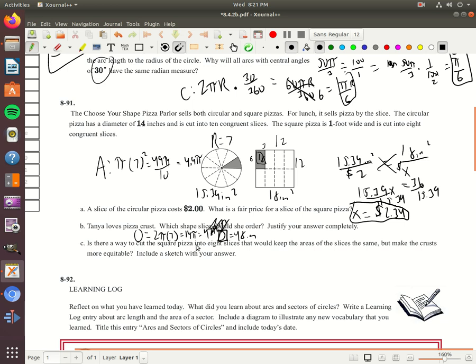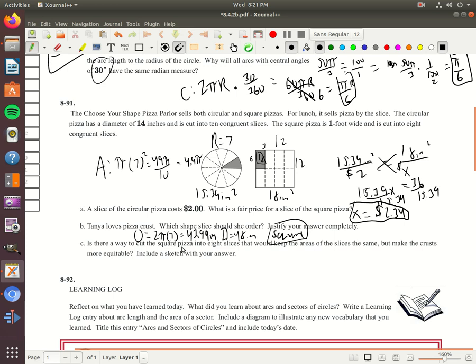I'm kind of running out of room there, so let me clear this. It's 43.99 inches, or 44. The square is 48. So she should order the square. If she likes crust, she's going to get more crust.